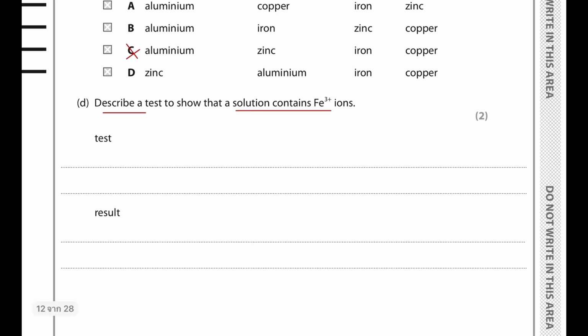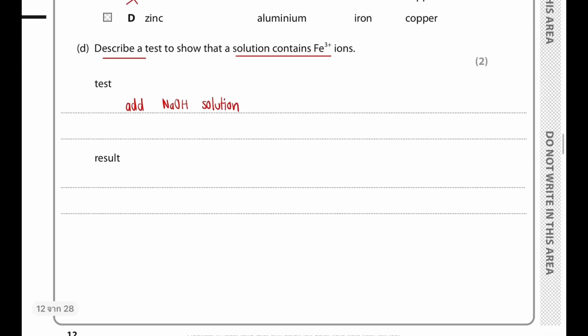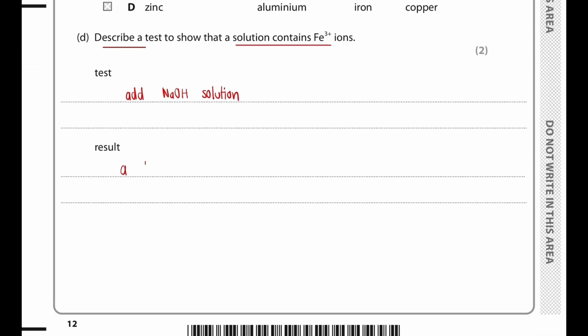So we will test by adding sodium hydroxide solution and the result will be a brown precipitate formed.